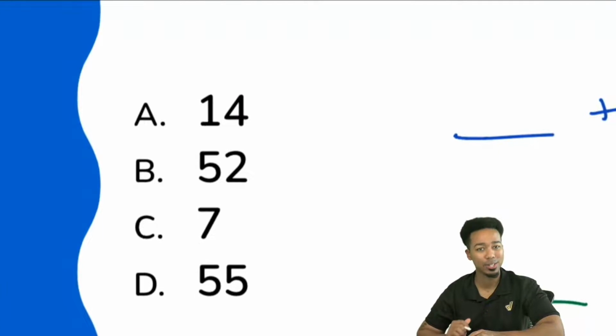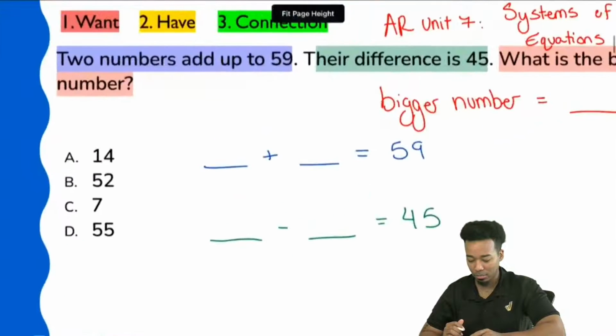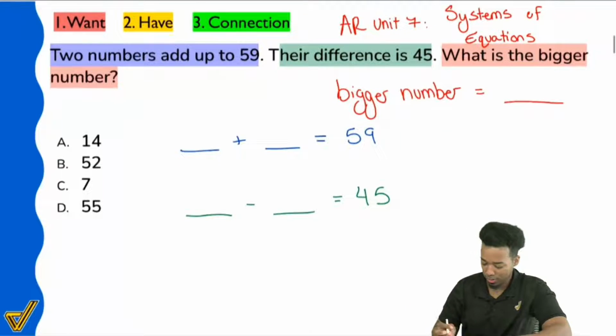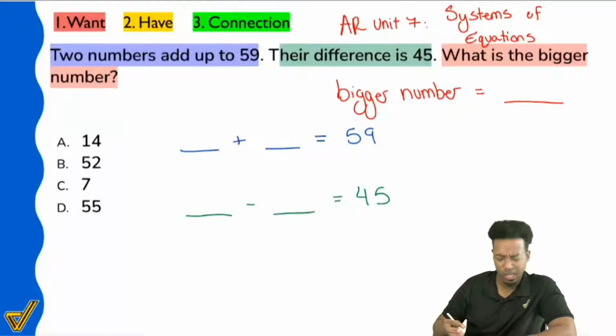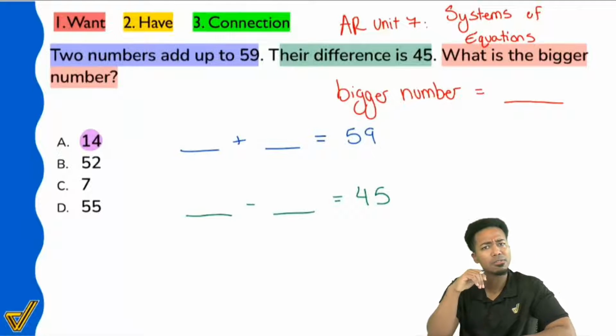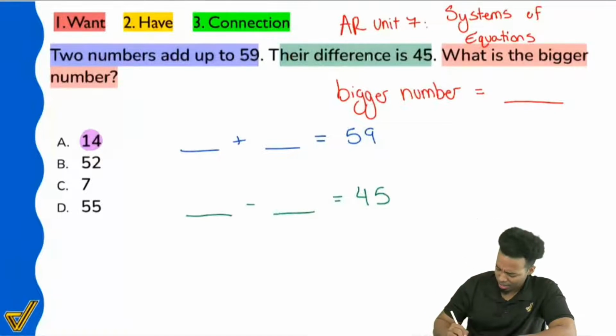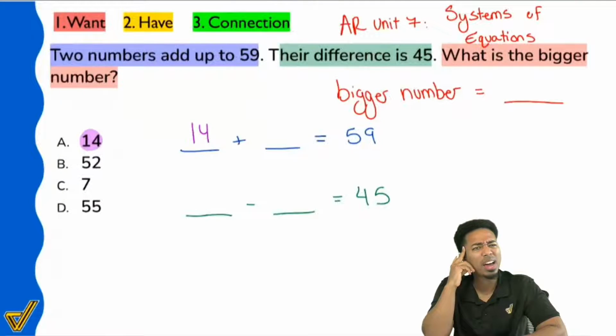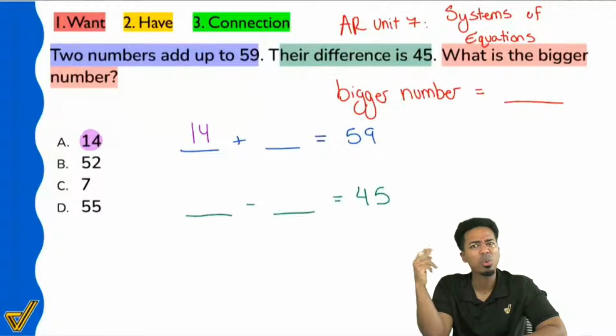So here's what I'm going to do. I'm going to pretend, or use the answer choices to pretend to have the answer. So I'm going to say, hey, let's grab 14. Let's see if 14 can work. Everybody, if I plug in a 14 right there, what number do I have to add to get all the way up to 59? What would the other number have to be?